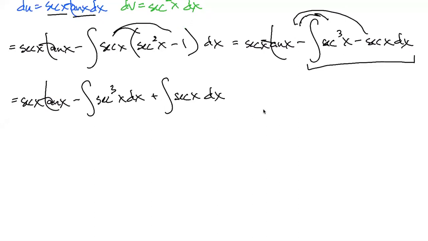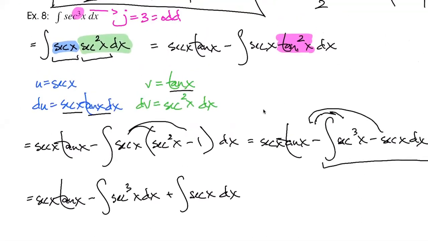All right, now let's see what we have. Our original problem was the integral of secant cubed, and look what we ended up with. On the other side, we ended up with another secant cubed. This is like those circular problems we encountered yesterday where we had to move all the like terms to one side and then divide by the coefficient to get our answer, okay?